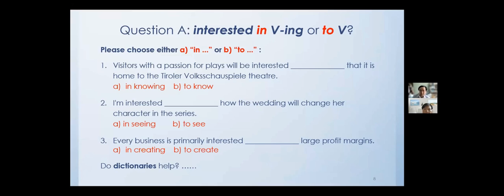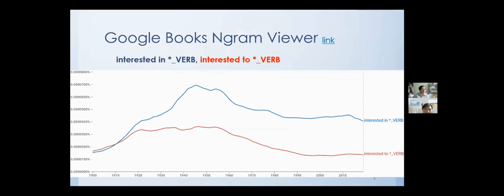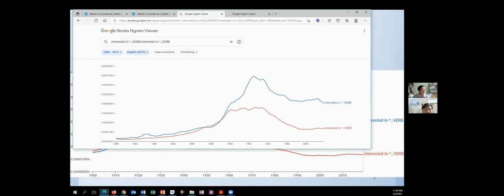The second is the language corpus at SKE, the first one. So we can come to Google Ngram Viewer. I have this. You just search "interested in" then a wildcard verb. Automatically, they will give you things like this; this is the first line.